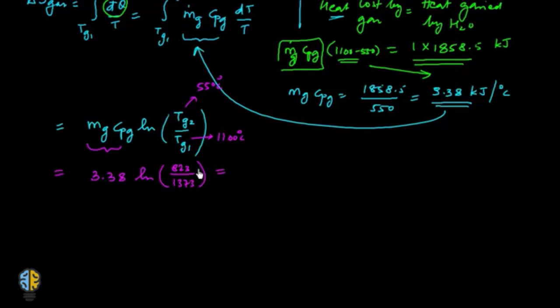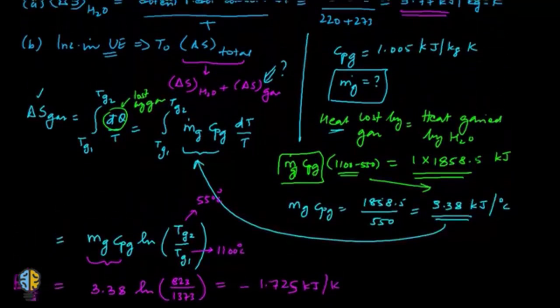So when you find this value, this log is a value which is less than 1, so it will be a negative value. So it comes to about 1.725 kilojoule per Kelvin, and this is delta S gas.